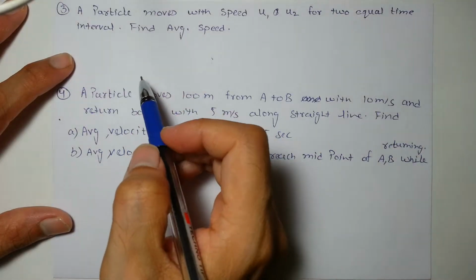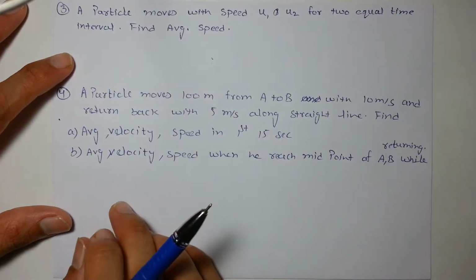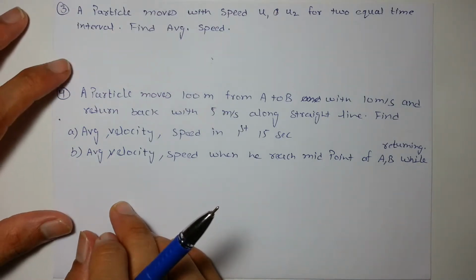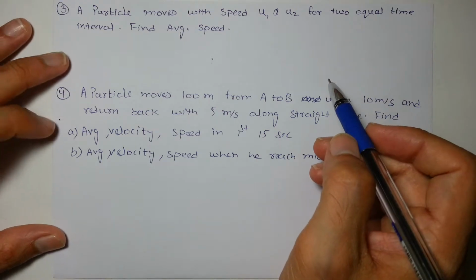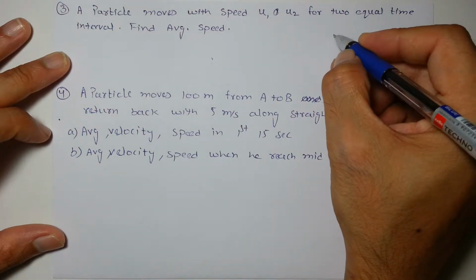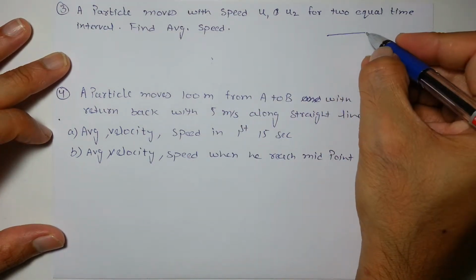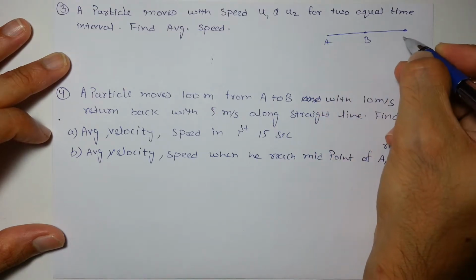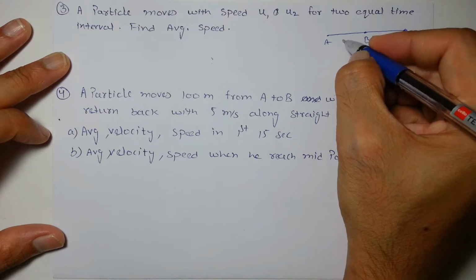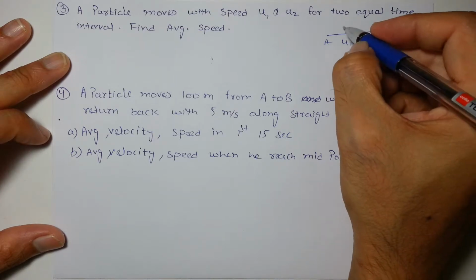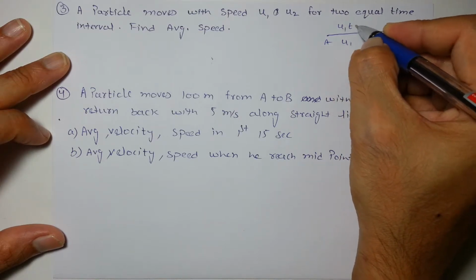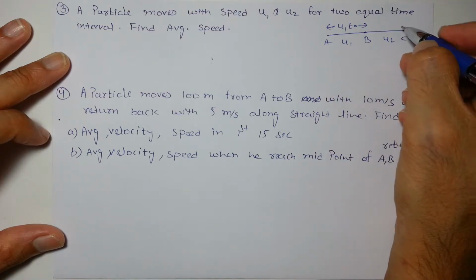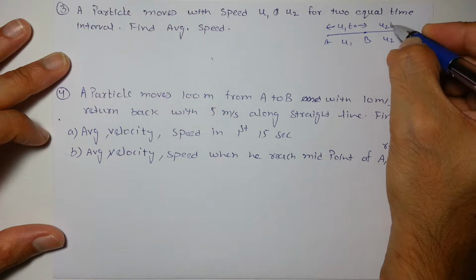In the next question, a particle is moving with speeds u1 and u2 for equal times. We have to find the average speed. So let's say they are moving for equal time, A to B, then B to C. Speed is u1, time is let's say t0, so the distance covered will be u1 t0. Similarly, speed is u2, time is t0, so this distance will be u2 t0.